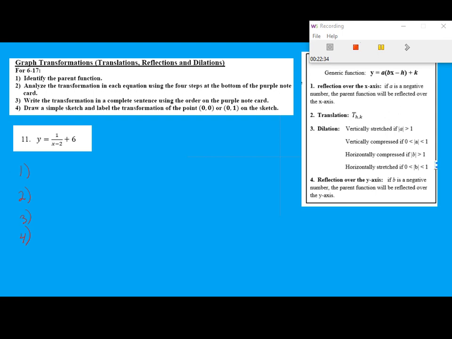We ask ourselves if it's been reflected over the x-axis. And the function that we're talking about is the function 1 over x, that hyperbola that we looked at to start. It hasn't been reflected over the x-axis because there's no negative out front. It's been translated 2 units to the right and 6 up.